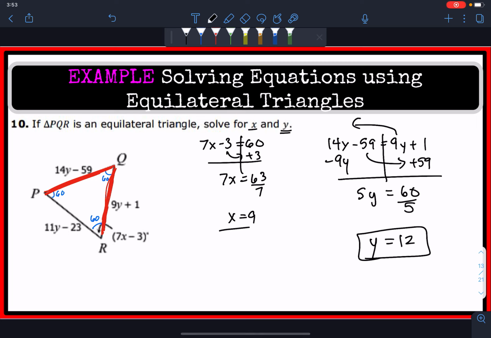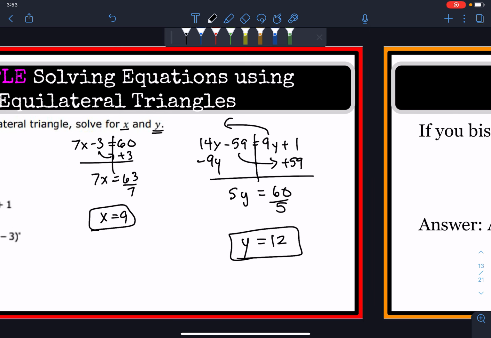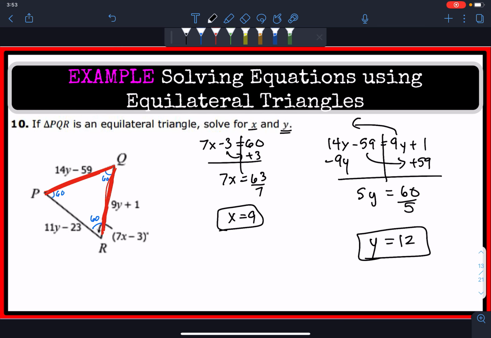So those are your solutions for x and for y. Again, with the equilateral triangle, setting up the equations is relatively easy. You just have to get the two sides equal to each other, and to figure out the measurement of the angle, you just have to get your expression and set it equal to 60.